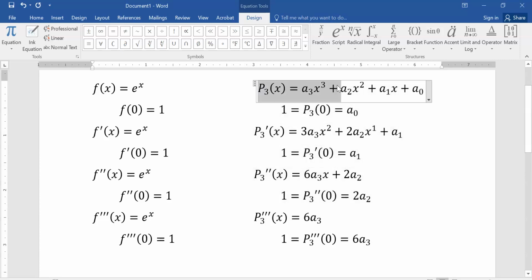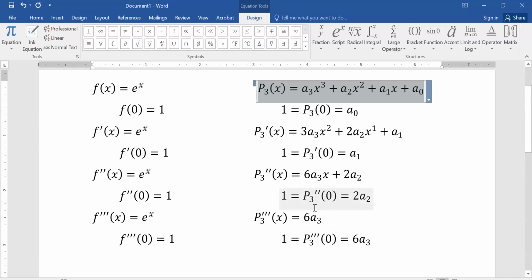And what that means is that if I look up at my original polynomial, now I have a way to find a sub 0, a way to find a sub 1, a way to find a sub 2, and a way to find a sub 3.